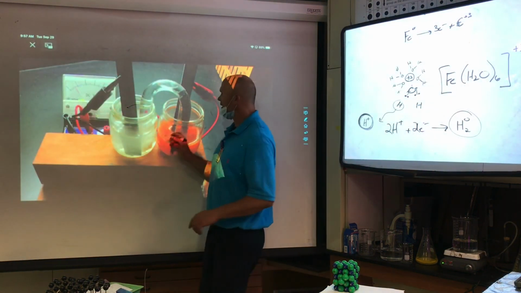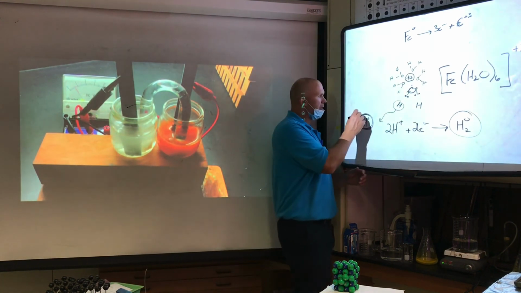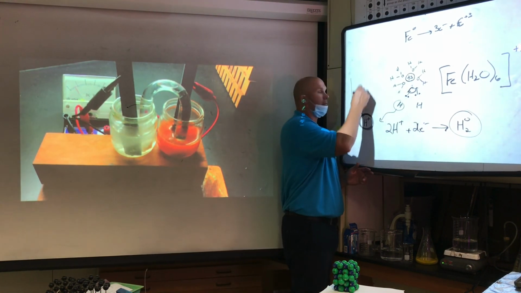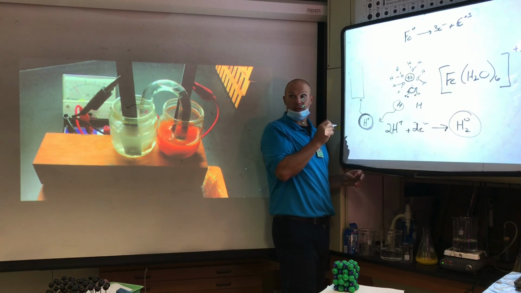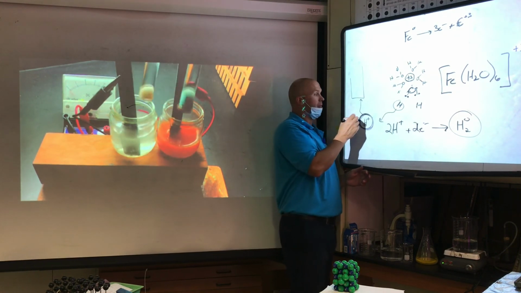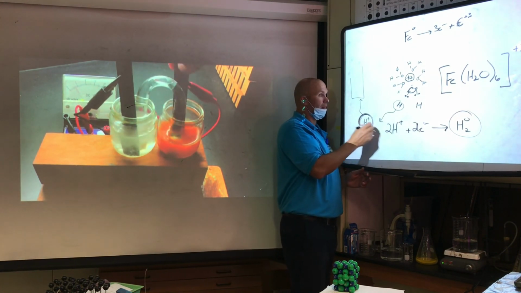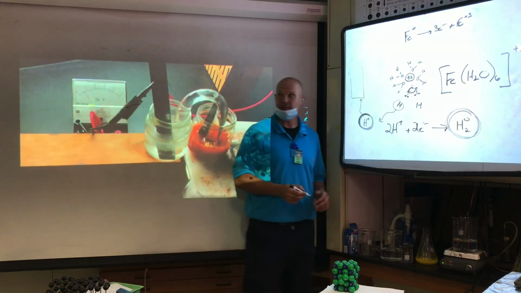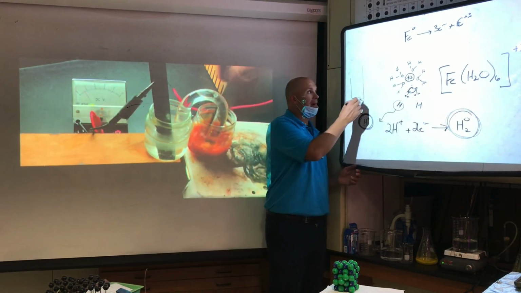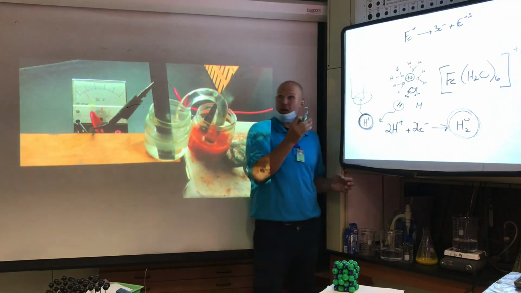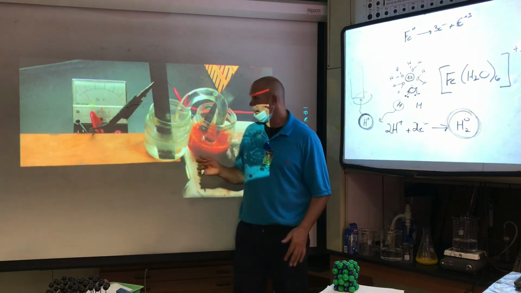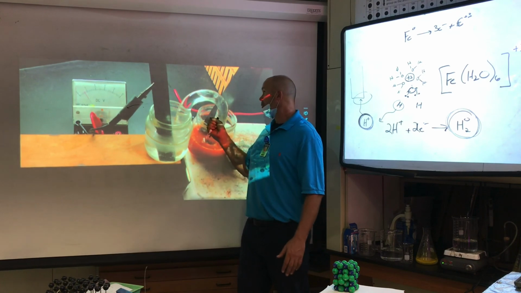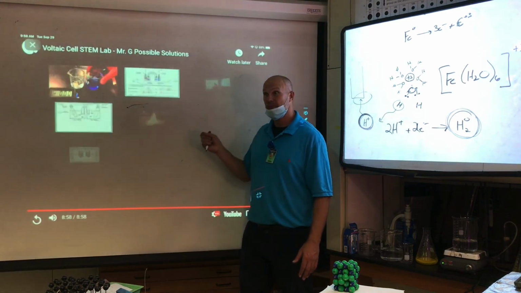If I've got an acidic solution, that acid can react with the metal. And that acid reacts with the metal to make what? Hydrogen gas. Redox occurs here. If the H plus is available in high concentration, what's it going to do to that metal?